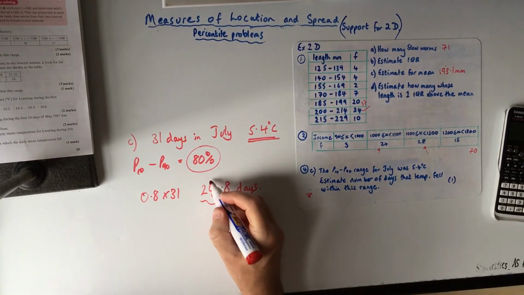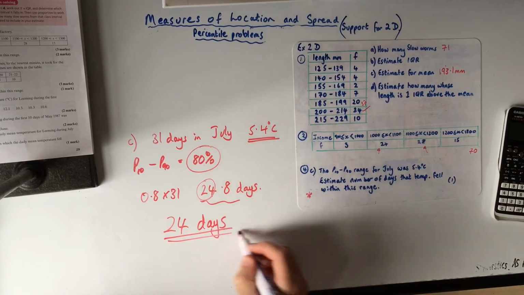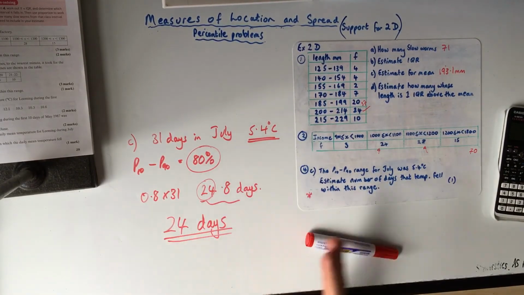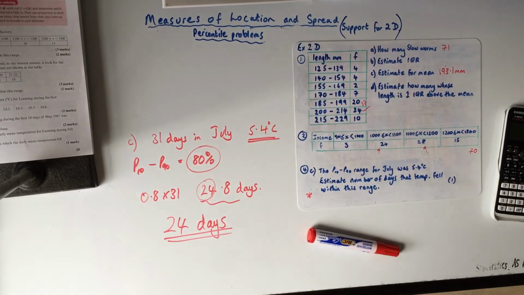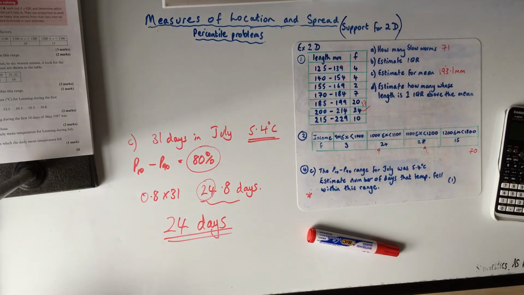So actually, the answer here is only 24 days, full days, within that 5.4 degrees C range between the 10th and the 90th percentile days. So you just go with 24 days. Would you lose any marks if you showed the working and went 25 days? Not sure you would. Okay, it's only a 1 mark question.